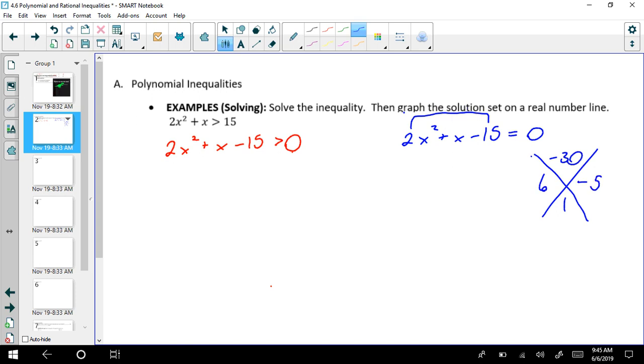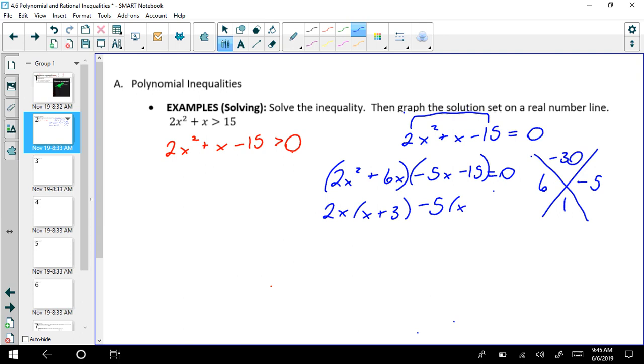6 and negative 5, so let's do the rewriting step. Now we're going to group. Take the GCF out. And now I can see they both have an x plus 3.